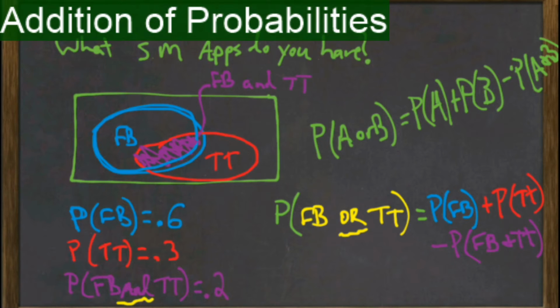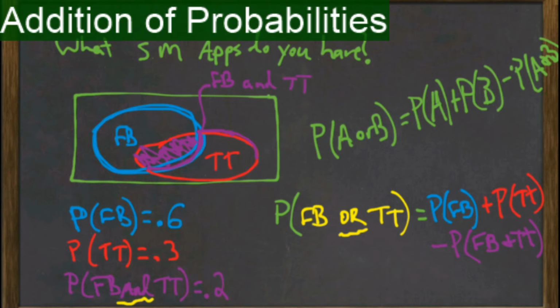If we counted these people when we counted up all the Facebooks, then we need to count the TikToks, but only the TikToks that are not Facebook users, or vice versa. We just need to include the purple people in one of the two groups.